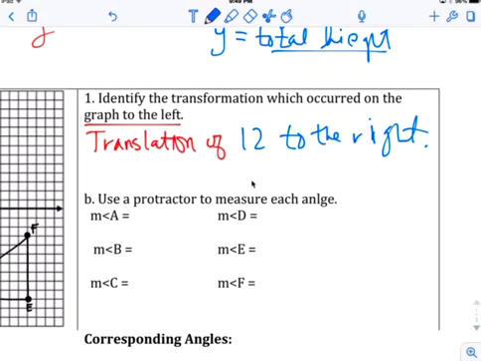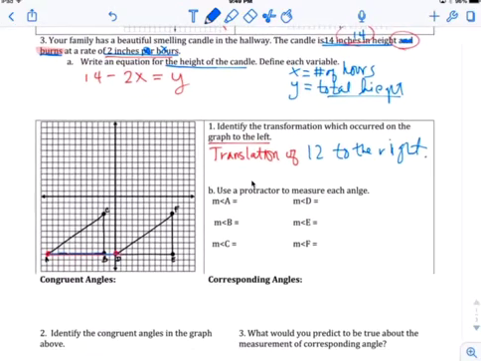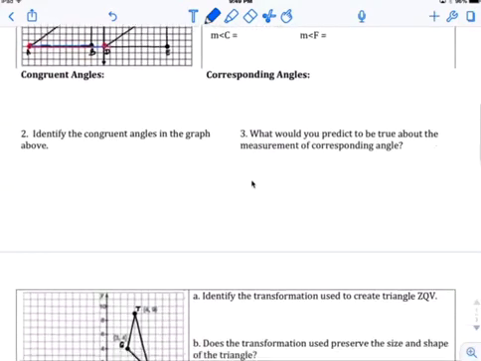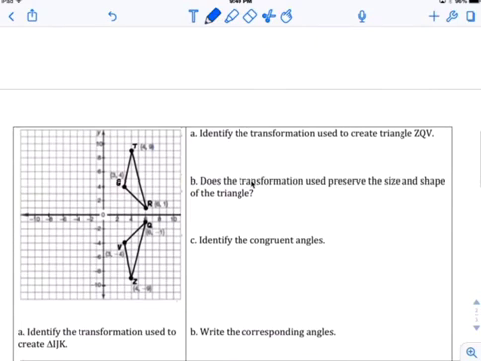You guys may have forgotten this. Measure angle A. Hopefully we did this in class. Corresponding angle sides. Hopefully we did that in class, okay? We measured and everything. Hopefully we had enough time. Identify the transformation to create triangle ZQV. Oh, reflection.